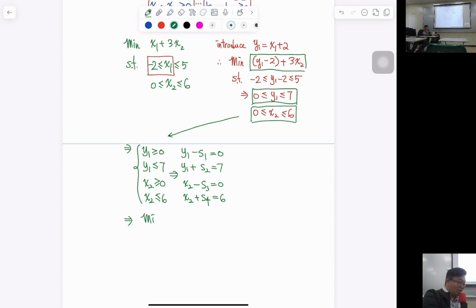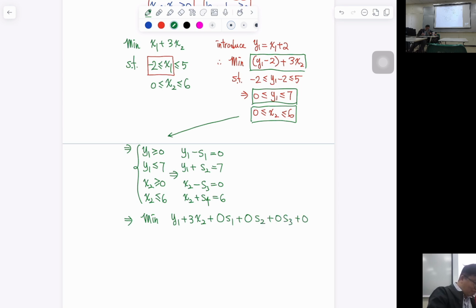Let me show you. I already introduced so many new variables. So minimize y1 plus 3x2, and actually I have new variables: 0 times s1, 0 times s2, 0 times s3, 0 times s4. They are actually the variables in the new problem.